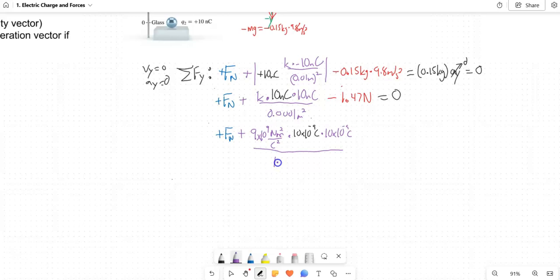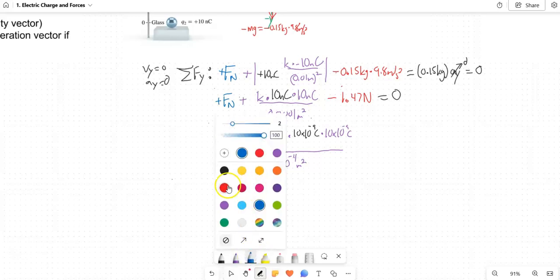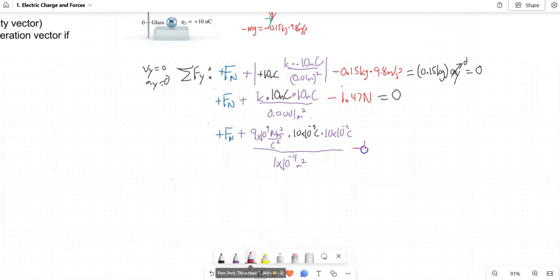So that's 1 times 10 to the negative fourth meters squared. Minus 1.47 newtons, and equals 0.